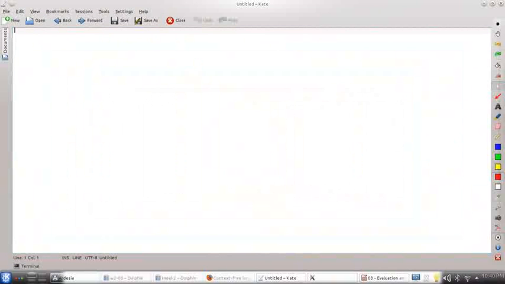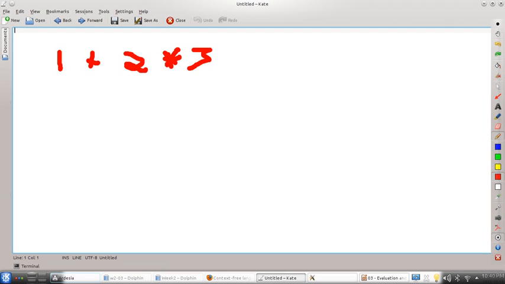So let's say we have an expression: 1 plus 2 times 3, right? So that's going to be the abstract syntax tree: plus, with children 1 and times, and times has children 2 and 3. So we start at the root.